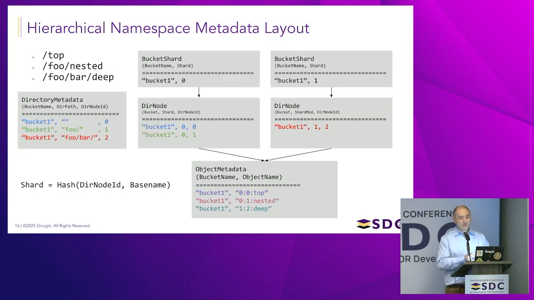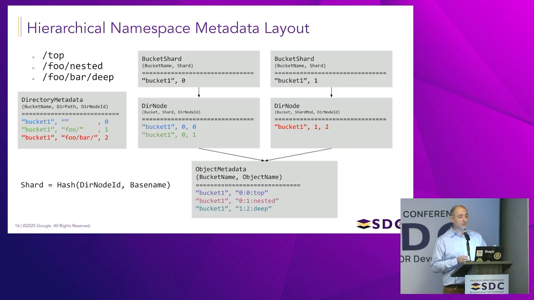And so you can see we overloaded the object name here to add additional information in the field. The field is the bucket shard number followed by the dir node followed by the object name. So the string that's in the object metadata table is only the last part of the path. The dir node is where it tells it what directory it's in.